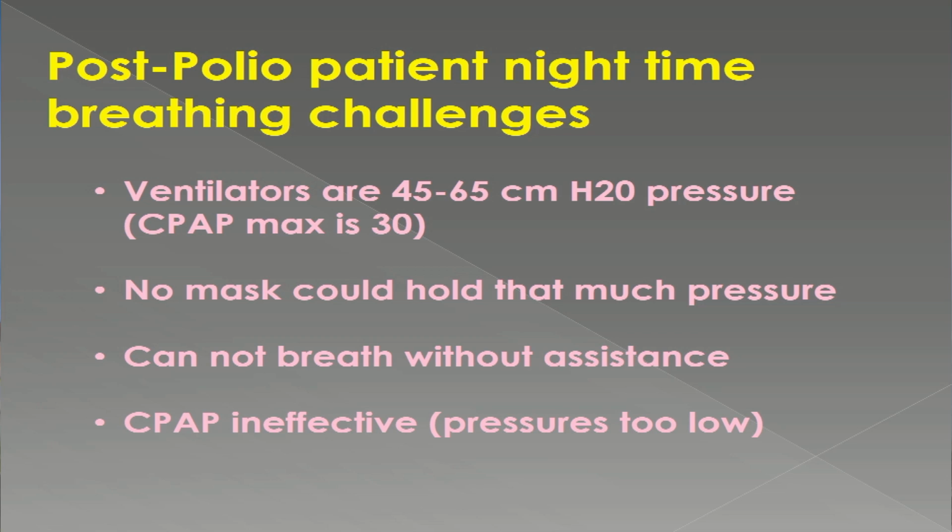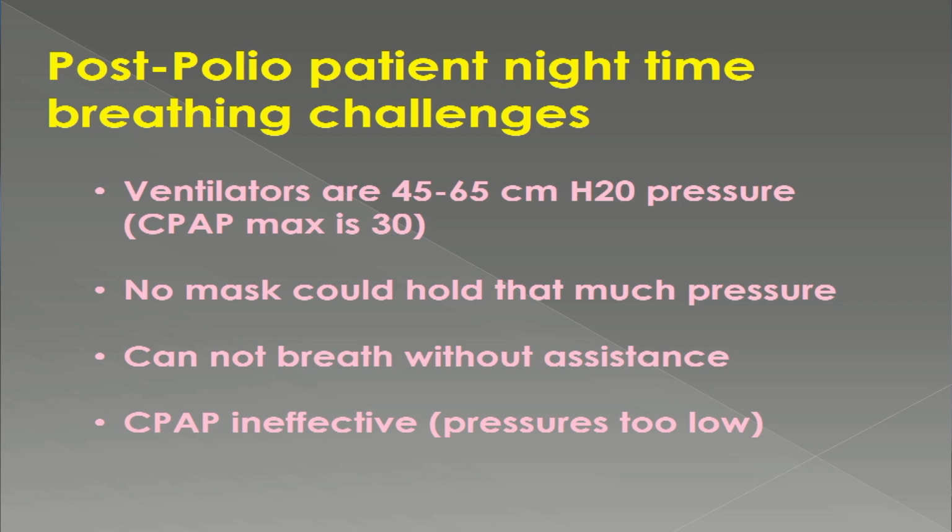But they have unique breathing challenges. The ventilators that they use are 45 to 65 centimeter water pressure. Now where that is in correlation with sleep apnea is CPAP machines that we use only go up to 30 centimeter water pressure. So when you're getting up to 45, 65, no mask could hold that much pressure.